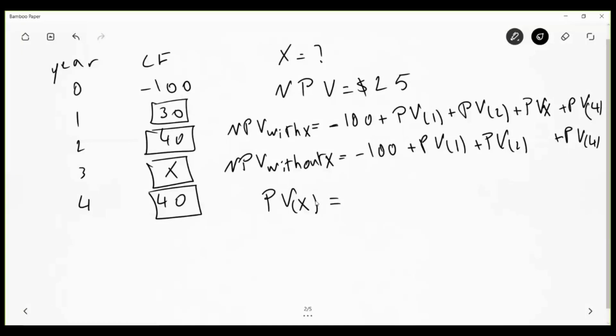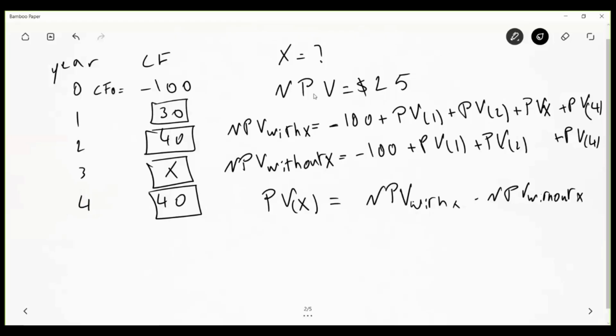So the present value of X equals NPV with X minus NPV without X. So now how to find NPV without X? I simply enter those values into my financial calculator.